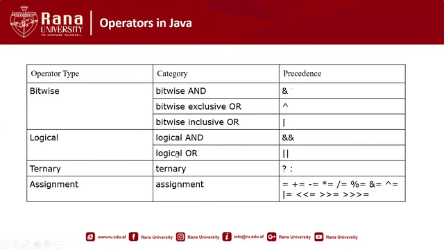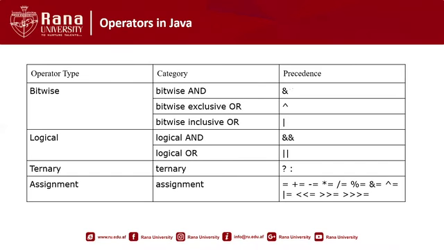But the second logical operator is OR. What is OR? The OR operator is used to check whether one condition is true. If one condition is true, then the result will be true.